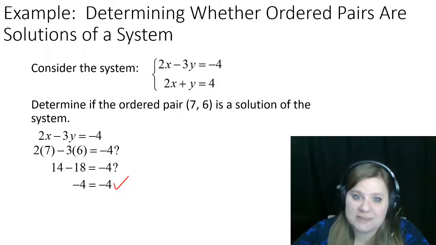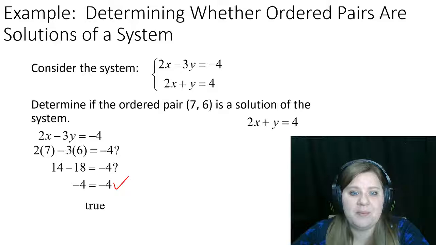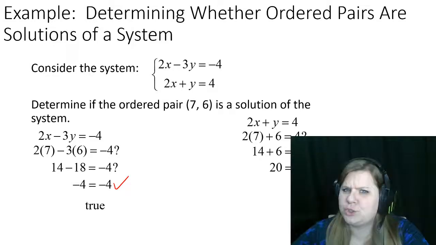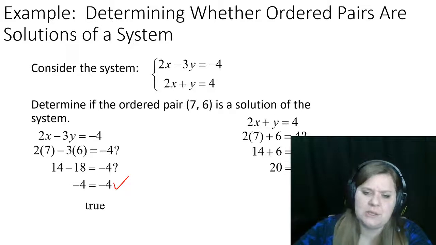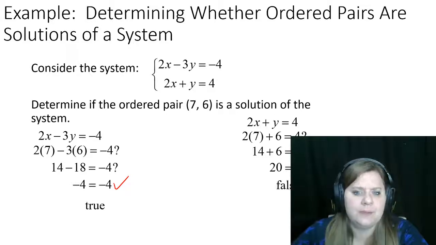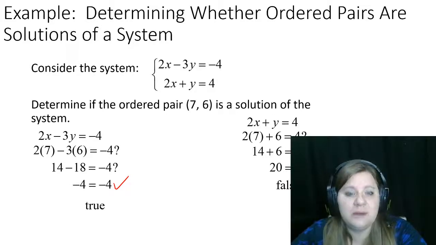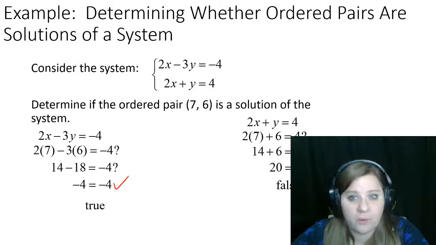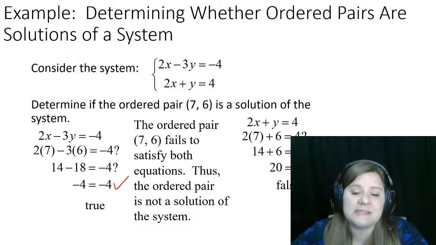I still have to check my second equation. So I plug in 7 for the x and 6 for the y, and I actually get 20 equals 4, which is not true. Okay, it's false. Therefore, since it failed in one equation, it fails for the whole system. (7, 6) is not a solution to the system.